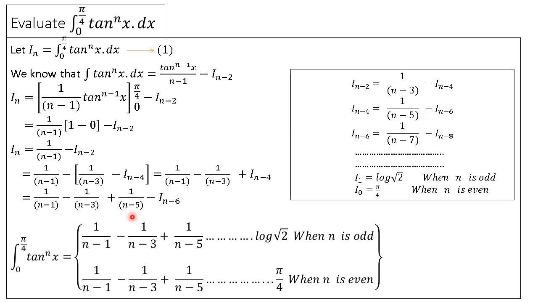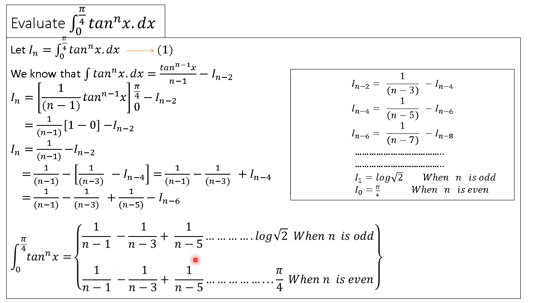Continuing in this way, 1 divided by (n minus 1) minus 1 divided by (n minus 3) plus 1 divided by (n minus 5) and so on, it ends up with I1, that the value of I1 is log of root 2 when n is odd number.